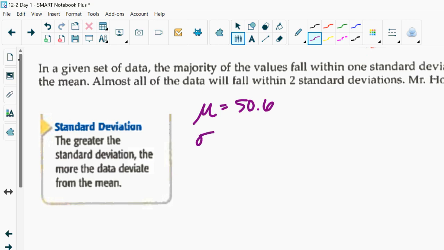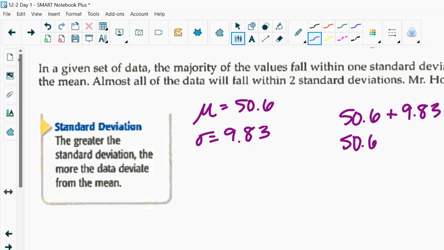And we found that the standard deviation was 9.83. So if we take 50.6 and we add the standard deviation once, and we subtract the standard deviation once, almost all of your data will fall in that range that we get.